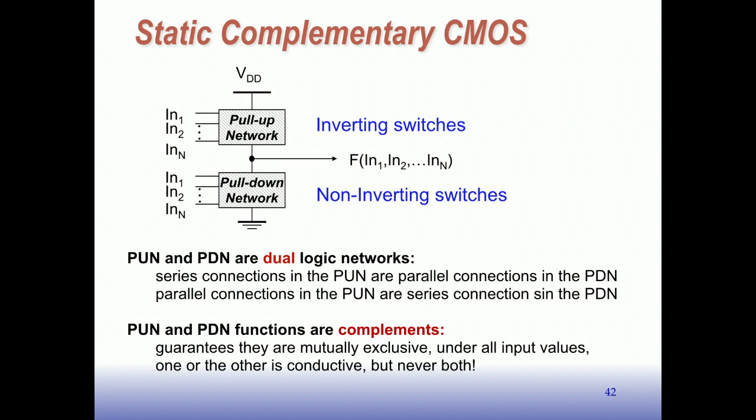So we want, under all circumstances, to have this output connected to either VDD or ground through a low resistance path. And that's guaranteed by making sure that these functions are complements of one another. And that comes from the fact that they're dual logical networks. So it's a very simple idea, but it's a powerful idea.